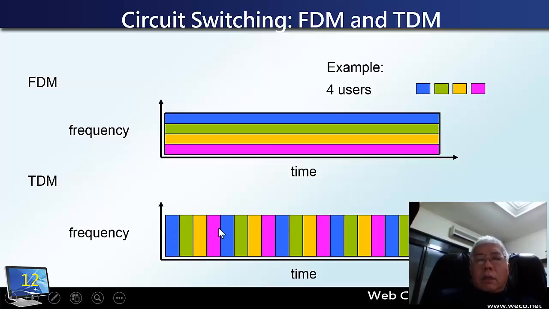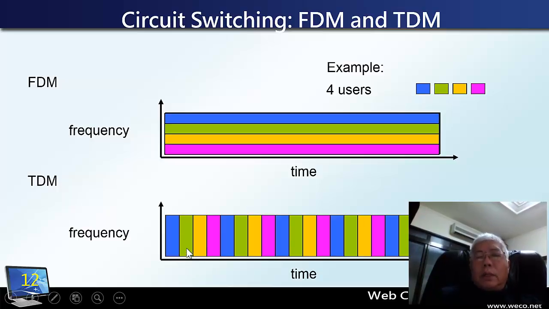However, we have 4 users. Each user will send in a small segment of time. So you send something, then wait for 3 slots, then send in your own slot, then wait for 3 slots, and similarly the other, like the green one, also sends in this slot, then waits for 3 slots. So that's called time division multiplexing.